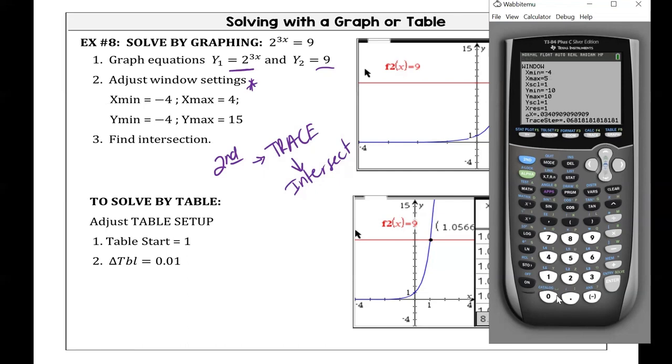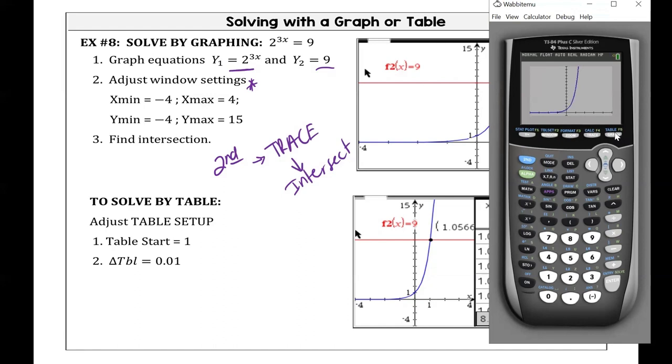I know that my y minimum doesn't really matter because it's not going to go down there. So using some of your knowledge of where things should be and how they should fall, you can go to 10 if you want, or to 15. It's just more for the view of it. Sylvie, you know, she draws a little slow.